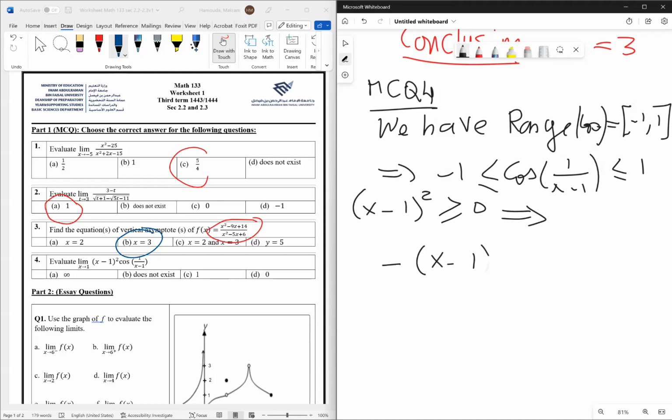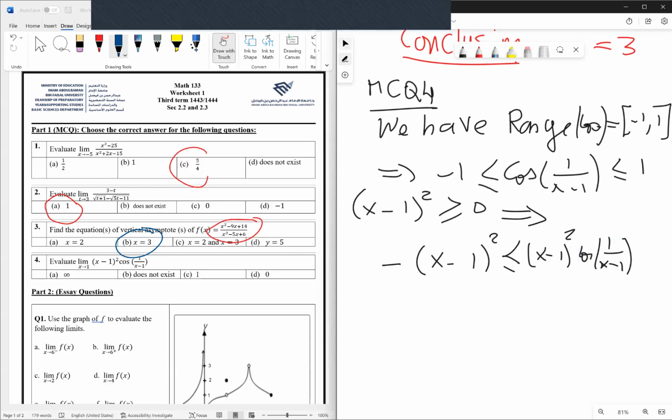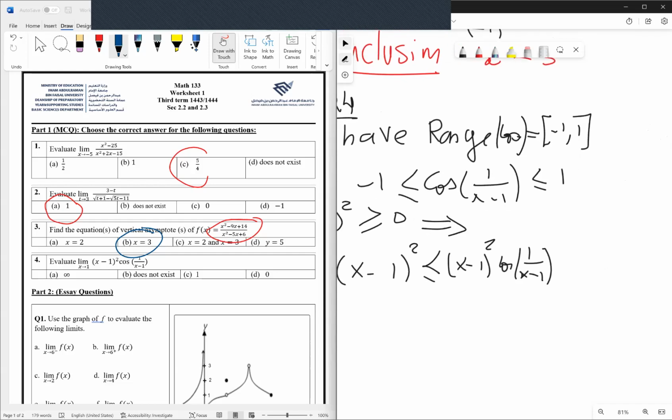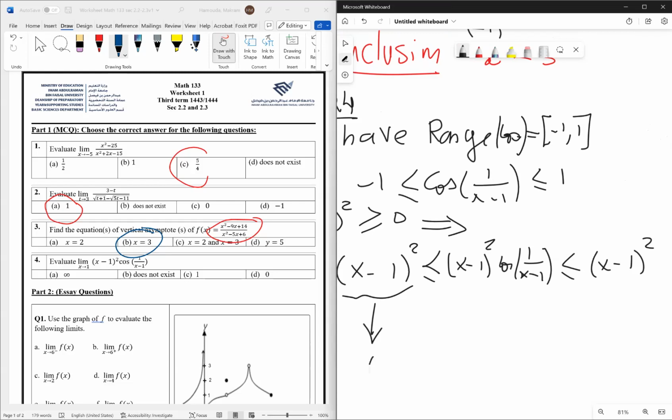So it's minus x minus 1 squared less than the expression of my function, x minus 1 squared cosine 1 over x minus 1, and less than x minus 1 squared. Now take the limit of this when x approaches 1. So this approaches 0.